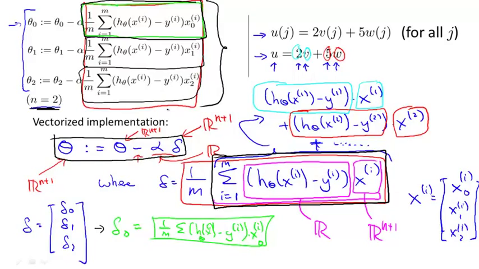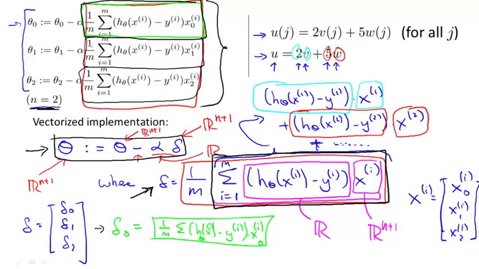So I know that there was a lot that happened on this slide, but feel free to pause the video, and I'd encourage you to step through it. If you aren't sure what just happened, step through the slide to make sure you understand why this update with this definition of delta is equal to the update on top.